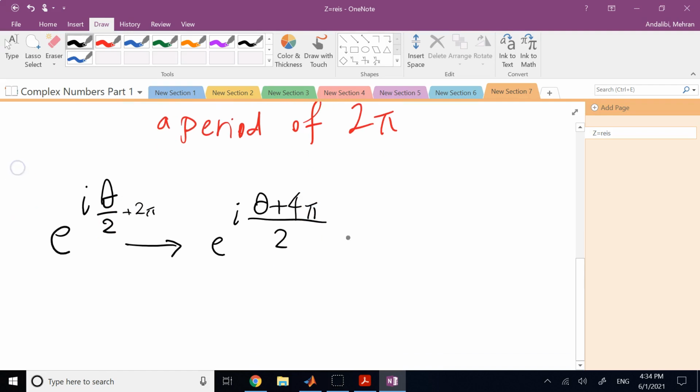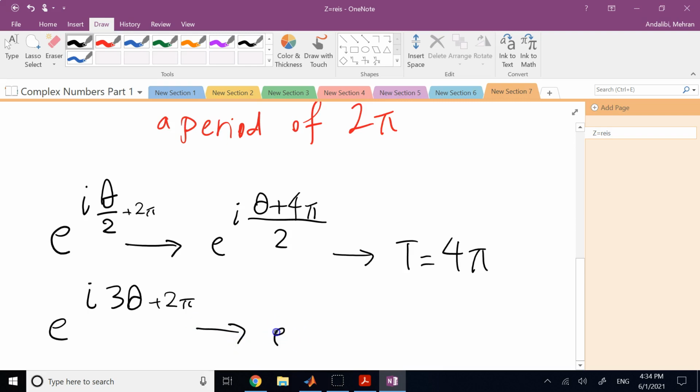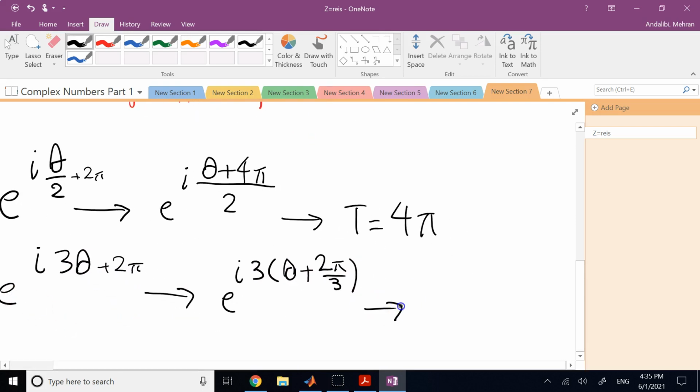On the other hand, if I do this function, e to the I 3 theta, let's say, now what? Again, all I need is this whole thing has to be like this to make it happen. And for that, since this 3 is there, I can factor this 3, and it becomes theta plus 2 pi over 3. If I only add this much to theta, then I will get an extra 2 pi to make the function periodic. So what's the period for this function?